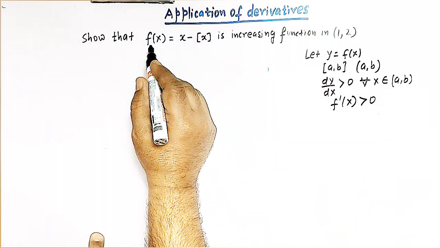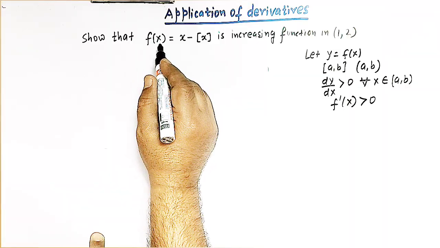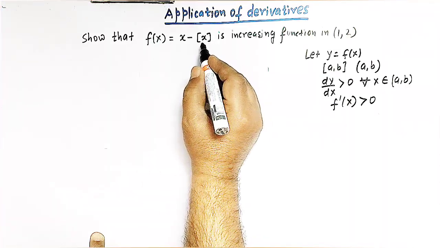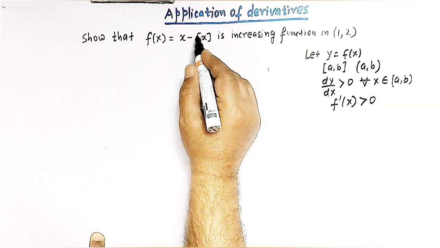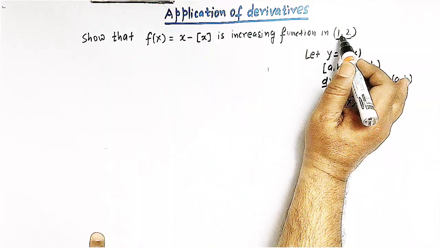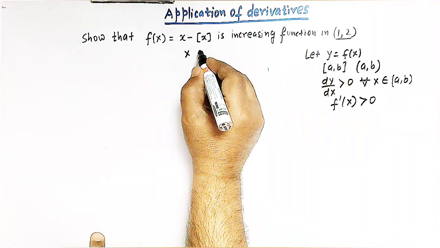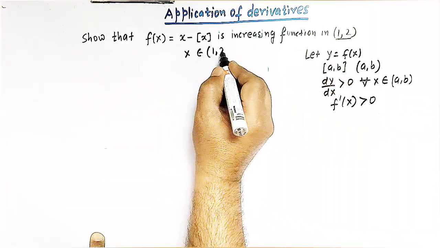So here we have to first find out the derivative of this function f of x. Now see, here we have the greatest integer function, that is greatest integer of x, and here we are given the condition, that is x should belong to this interval, that is 1 comma 2.